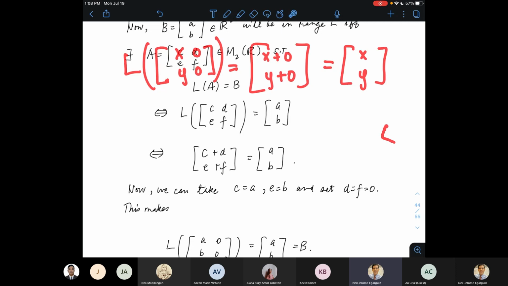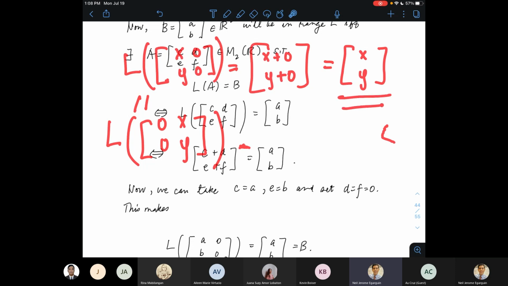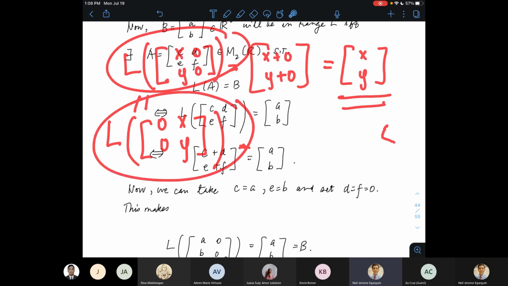Okay. And you see that there's another way to see (x, y) as an image under L. So it can also be (0 x, 0 y). And this proves that L is not monic. Because if x and y are non-zero, then the vector (x, y) can be written in two ways as an image under L. So, ibig sabihin si L hindi na monic kasi may dalawang magkaibang element ng domain, namely (x 0, y 0) and (0 x, 0 y).